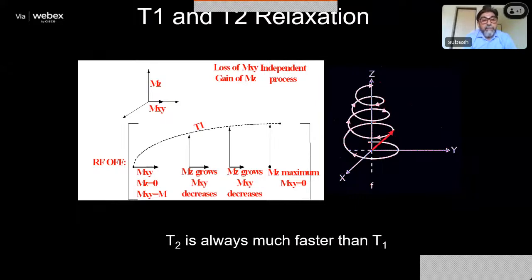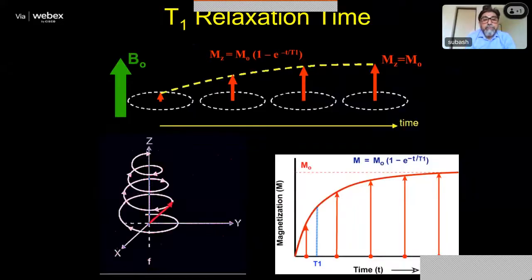After the 90-degree pulse has been switched off, the Mxy will start dephasing, and Mz will start growing, and after several T1 times, Mz will become M0. It will recover fully in the z direction, and in the meantime Mxy will also decay to zero. These are the two definitions of relaxation times.